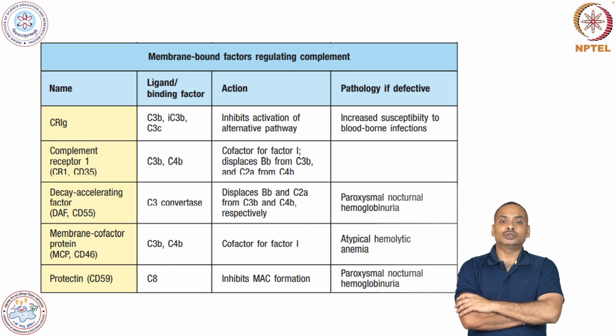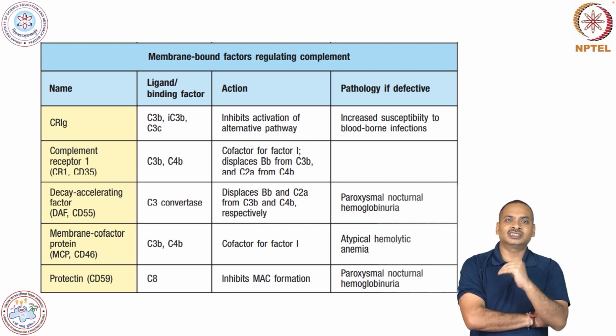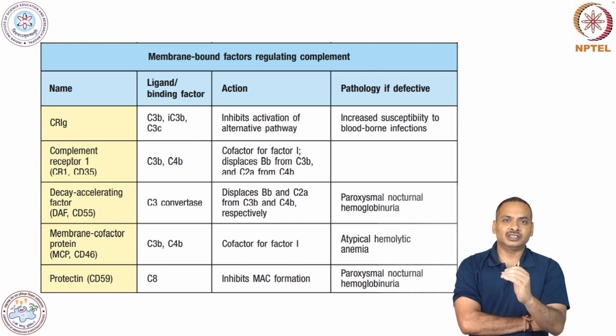nocturnal hemoglobinuria. So what is the meaning of this term? Paroxysmal means sudden, nocturnal means night, and hemoglobinuria means there will be blood in the urine.